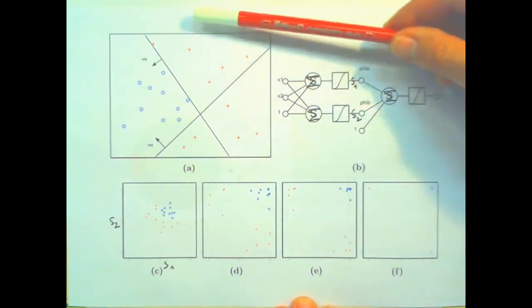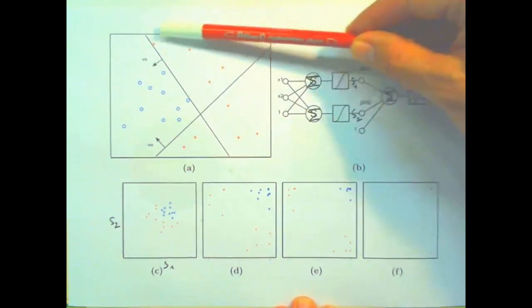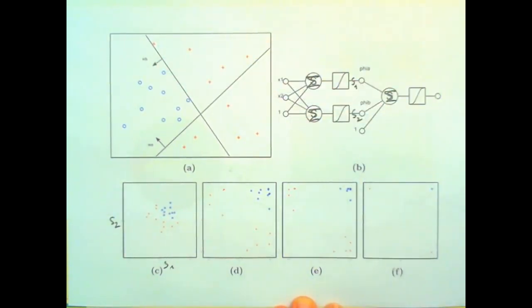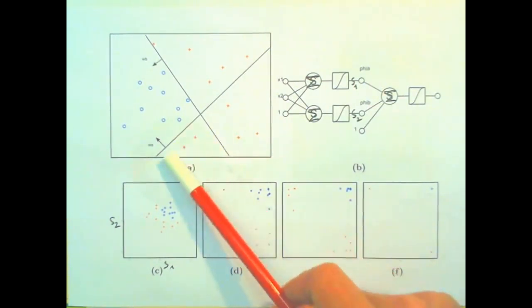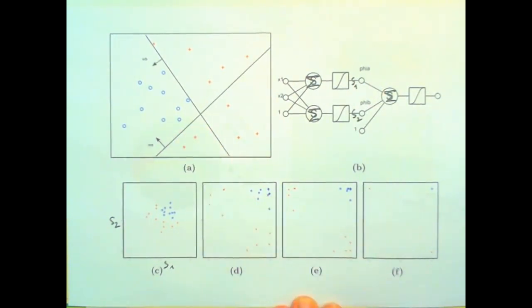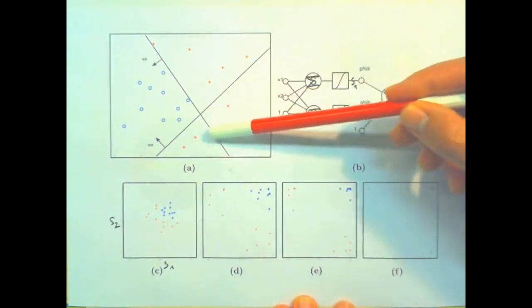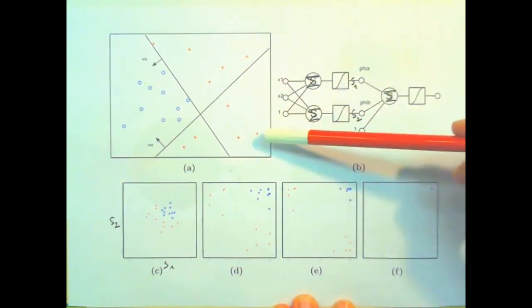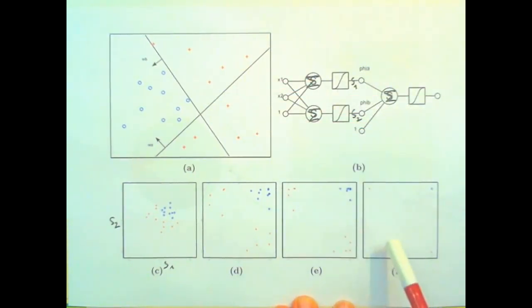Now, these red points here, they are above one perceptron and below the other, so I get a +1 and a -1, whereas those are below the one perceptron and above the other. They end up here. And the thing I'm confused about is I would have expected these points that lie below both perceptrons to lie at -1, -1, and I don't see anything here. So I have to look up what I computed.